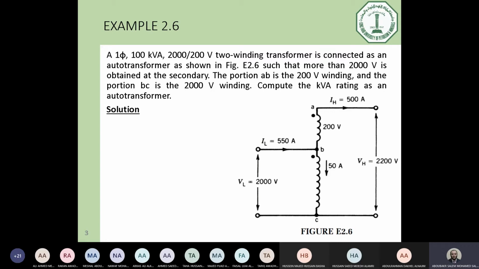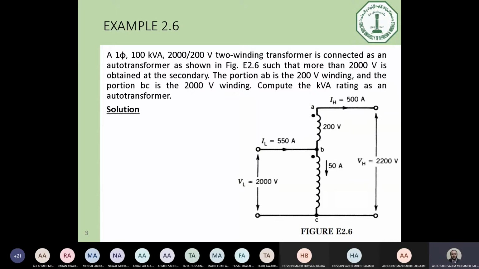So N1 over N2 equals 0.9. The number of turns will be different for the same or equivalent two-winding transformer. So this is going to make the reactance of the equivalent two-winding transformer higher than this transformer now. Okay.